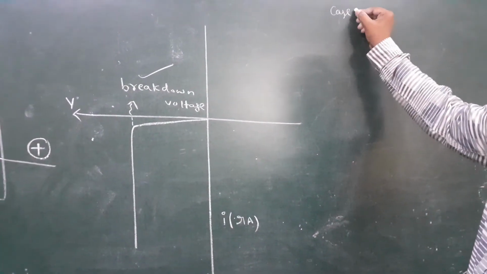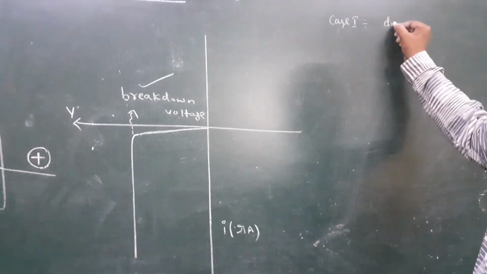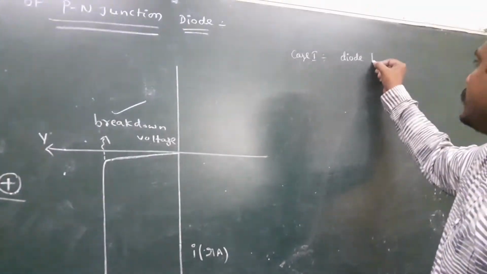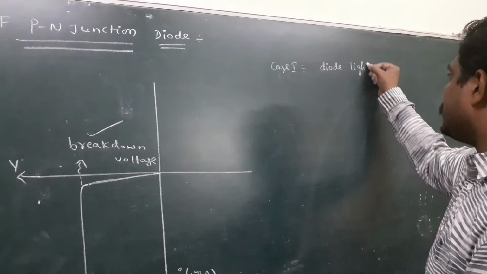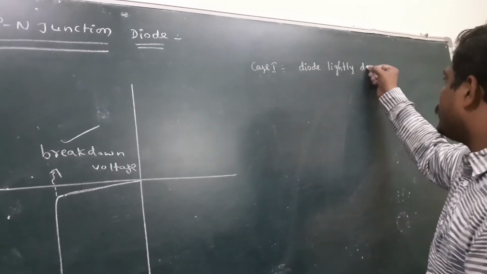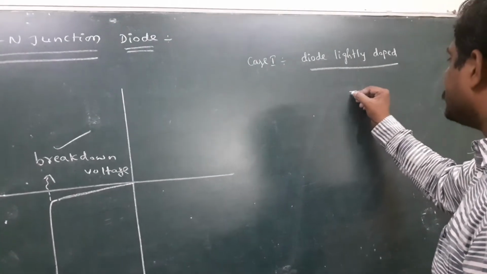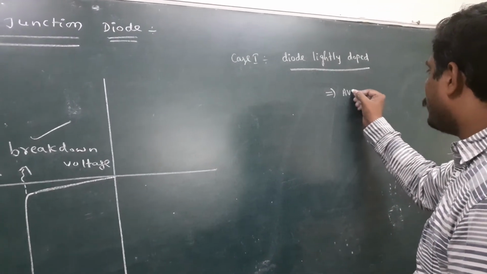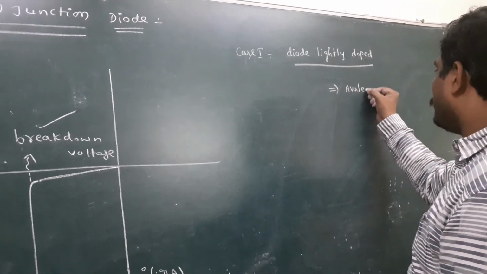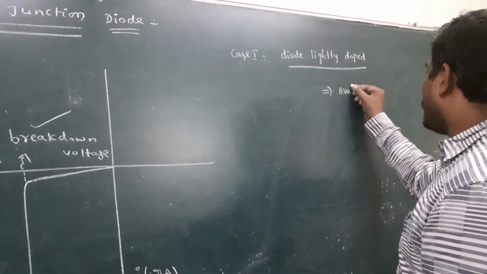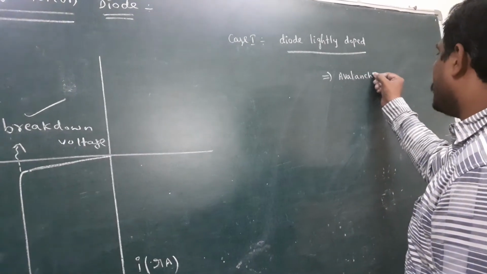I explained two cases. First, case 1, the diode is lightly doped. When the diode is lightly doped, the breakdown voltage is called the avalanche breakdown voltage.